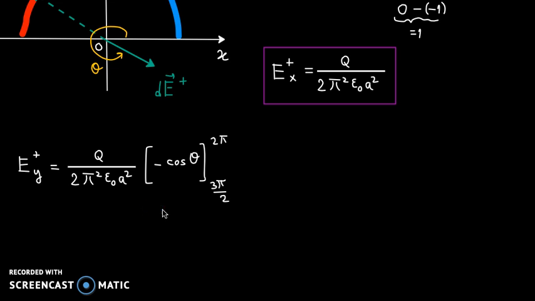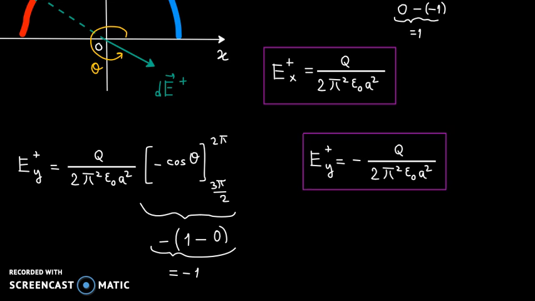I have an overall sign of negative 1, and then cosine 2 pi, that's 1, minus cosine of 3 pi over 2, which is 0. So from here I get an overall factor of minus 1. Here's our result for the y component of the electric field due to positive charge distribution. Again, it's the same expression, but this one is a negative component.